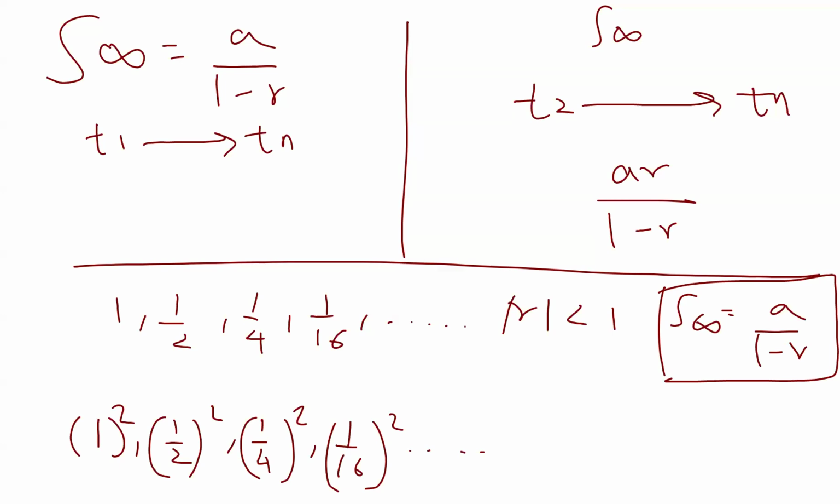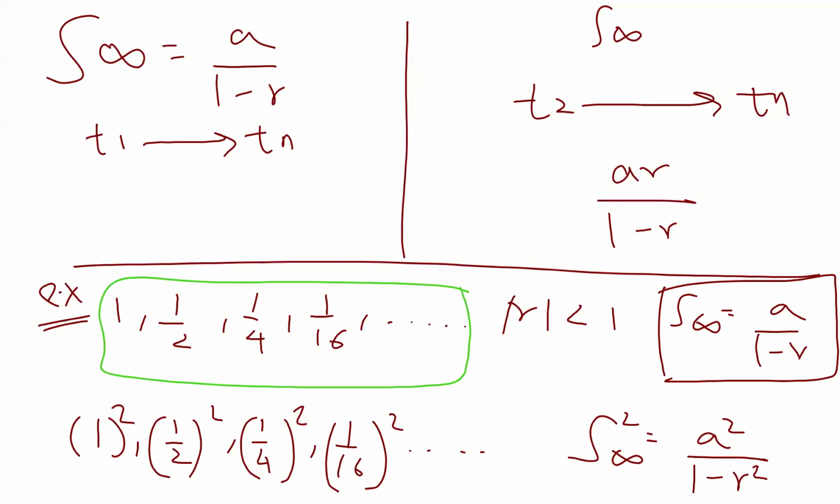The sum of squares of all these terms is A square upon 1 minus R square. Just remember this. If they are asking you S infinity of an infinite GP, the sum is A upon 1 minus R. But if you are squaring these terms, the sum to infinity will be A square upon 1 minus R square.